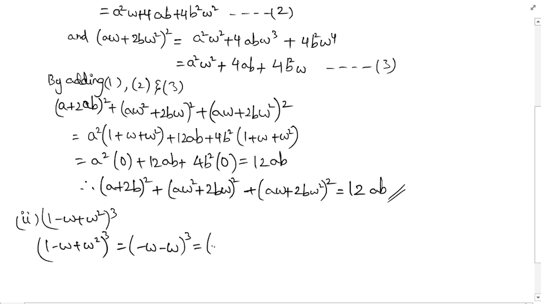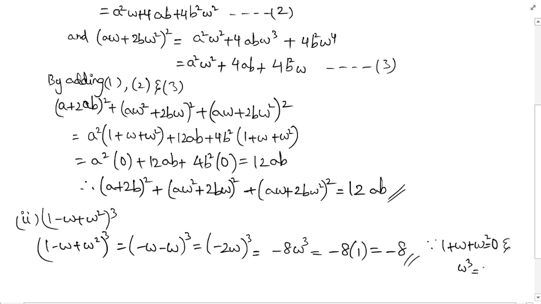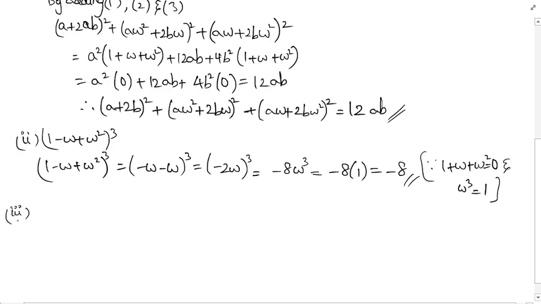This will be equal to minus 8 omega cube, which is equal to minus 8 into 1, which is equal to minus 8. So this is our answer. So here we have used the formula 1 plus omega plus omega square equal to 0, and then omega cube is equal to 1.